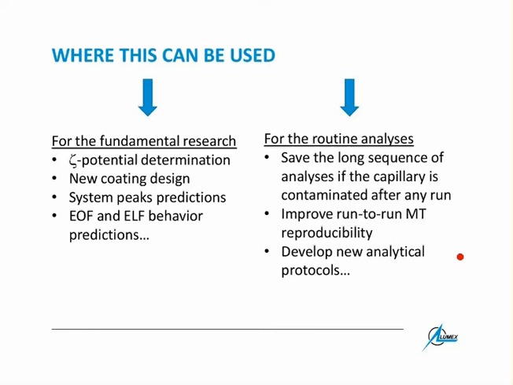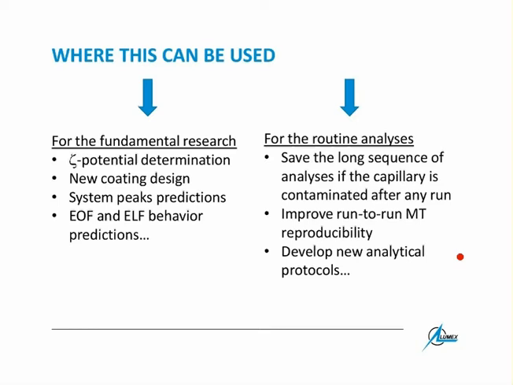In order to avoid such a very unpleasant situation, we use the streaming potential control, which immediately recognizes that the capillary is contaminated after the analysis of the sample number 5 and applies a special scheme of rinsing. And thus all other samples, all other analyses are saved.